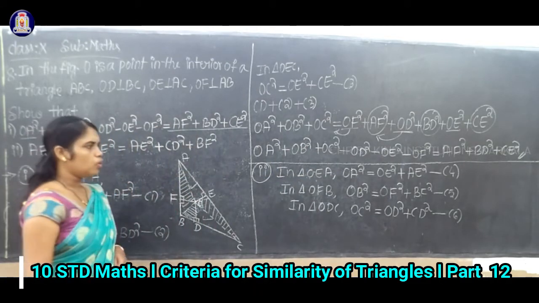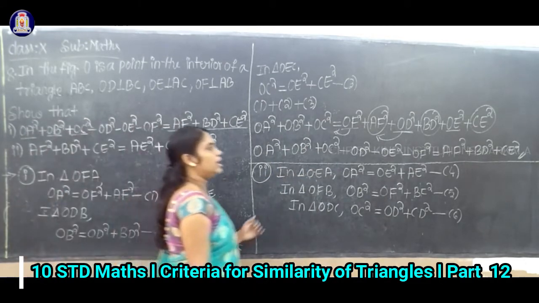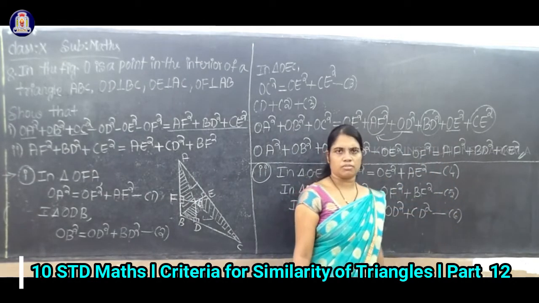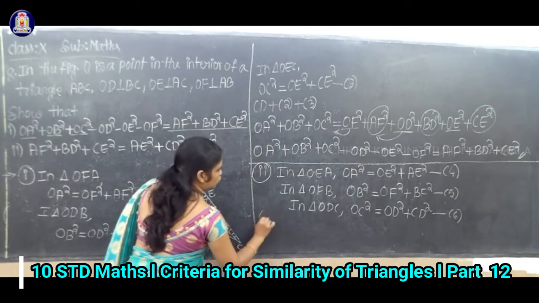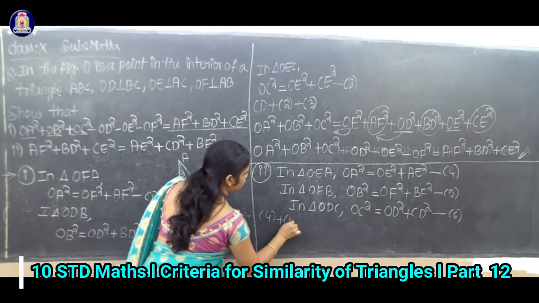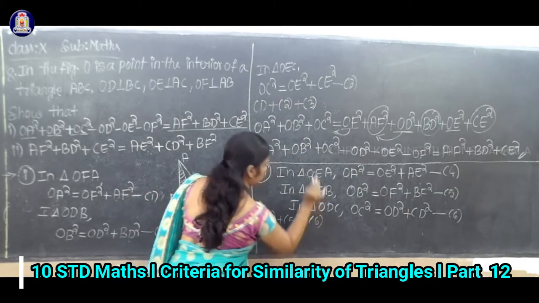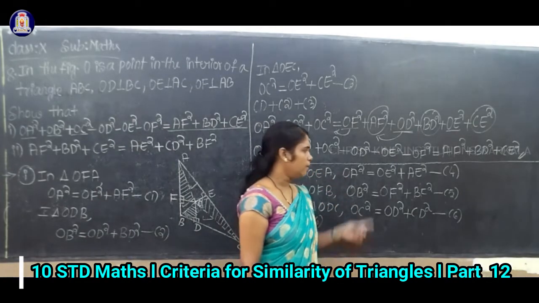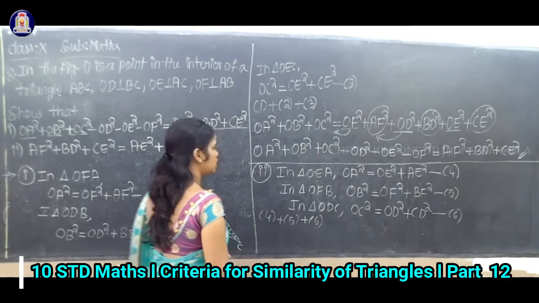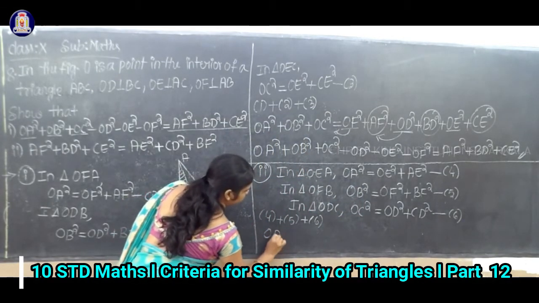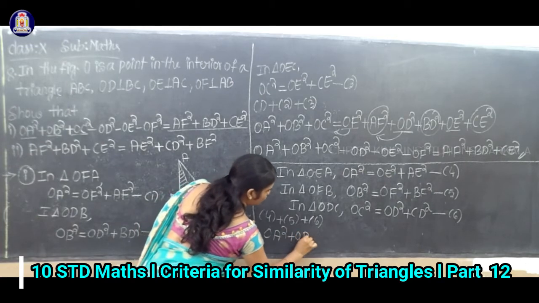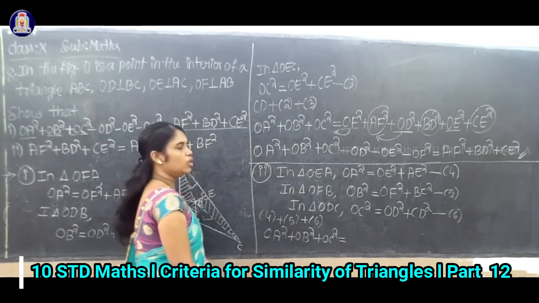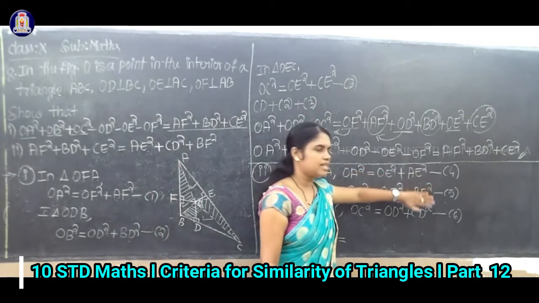So now what I will do, I'll add equation number 4 plus equation number 5 plus equation number 6. First I will add the left hand side terms. What is the left hand side term here? OA square plus OB square plus OC square equal to, now add the right hand side terms.